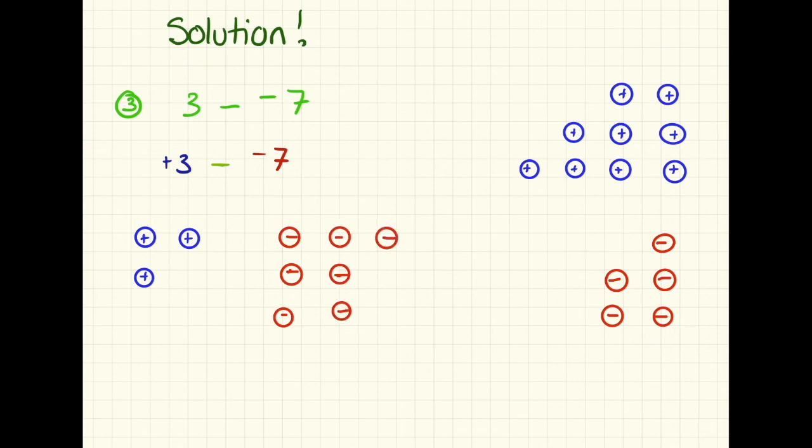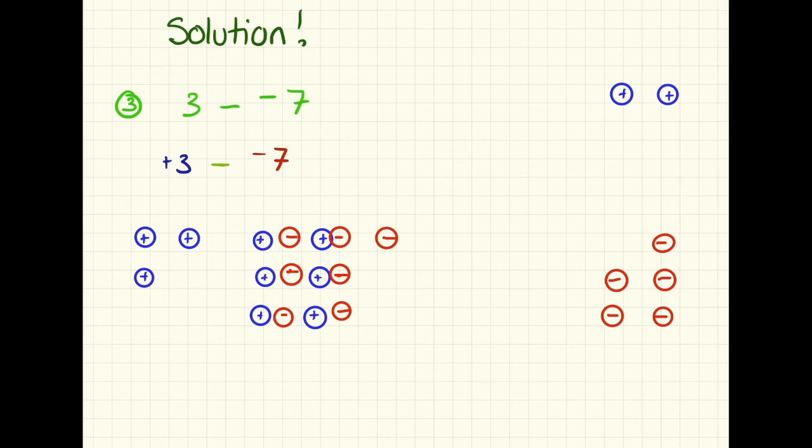Because it changes the value of the 3. So I'm going to grab these as well to match up and create our neutral or 0 pairings. So here I go, and bear with me. Okay, so now I can actually take away 7 negatives because I've created my 0 groupings.